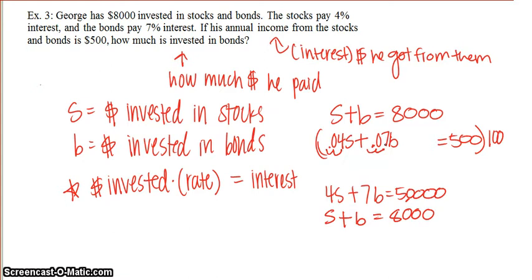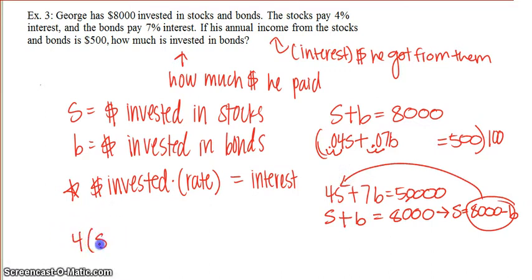Okay, there we go. So I'm actually going to use substitution for this one, and I'm going to say S equals 8,000 minus B. This is the one I decided to use. So I'm going to be plugging this in for S. So I know that 4 times S, which is 8,000 minus B, plus 7B equals 50,000.